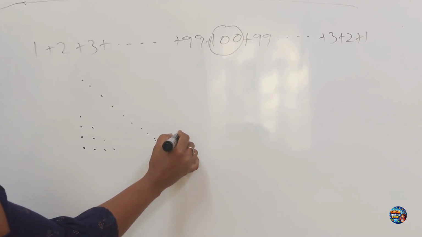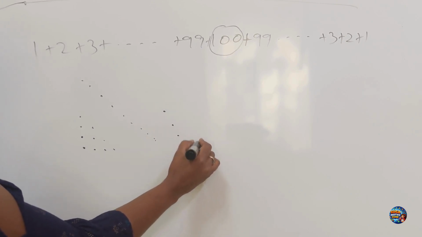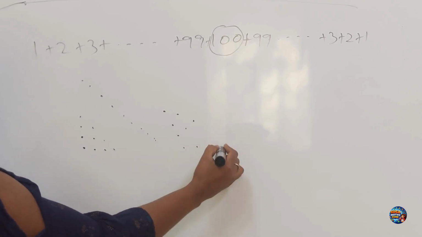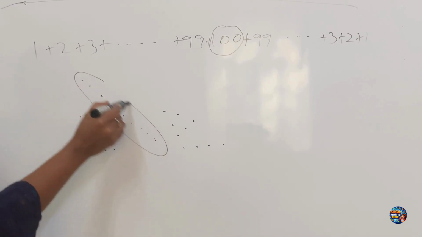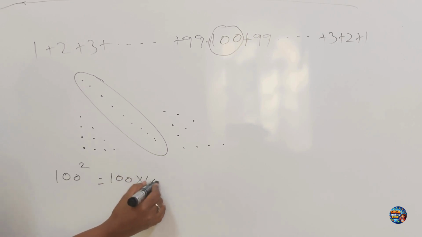So here 4 dots, then again 3 dots, then 2 dots, then 1 dot. So the diagonal part of the dots should be 100. So you have to make the square formation for the middle of the number. So 100 square. 100 into 100, we get 10,000.